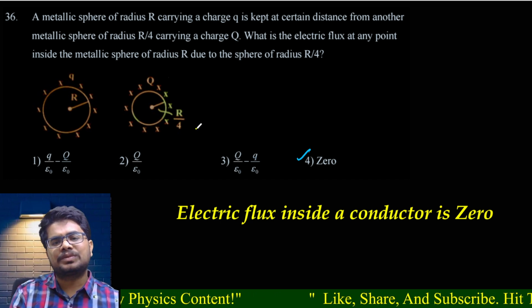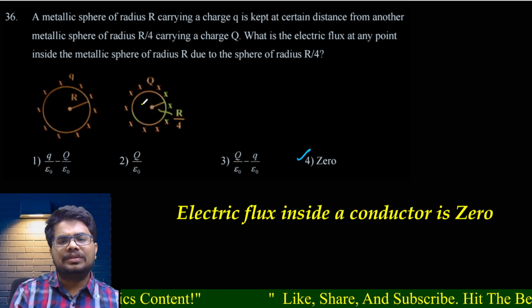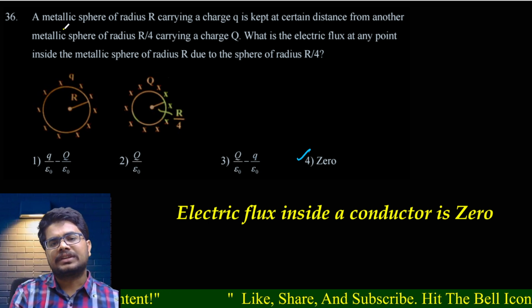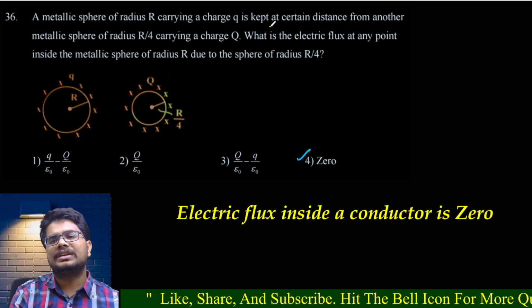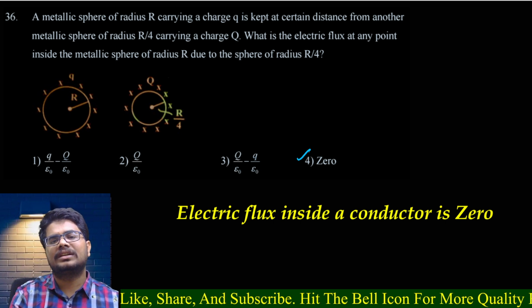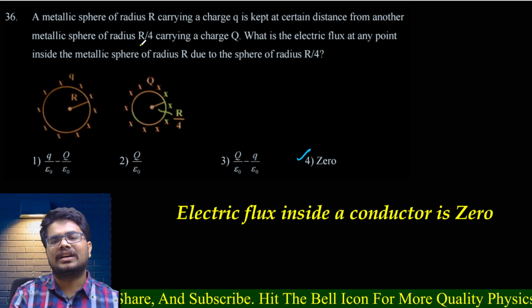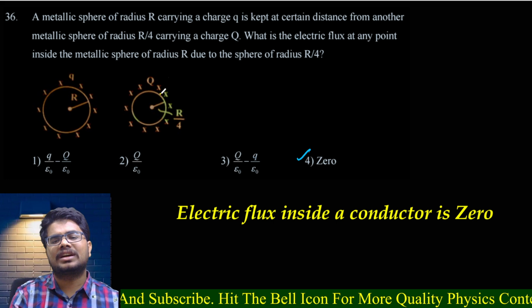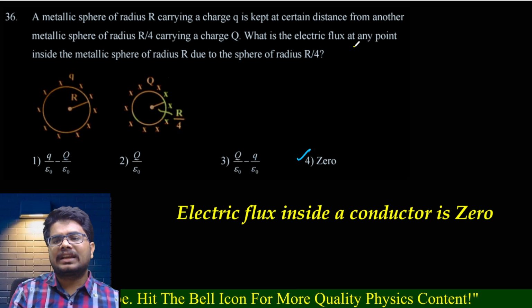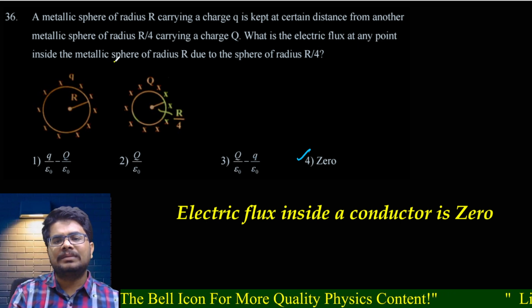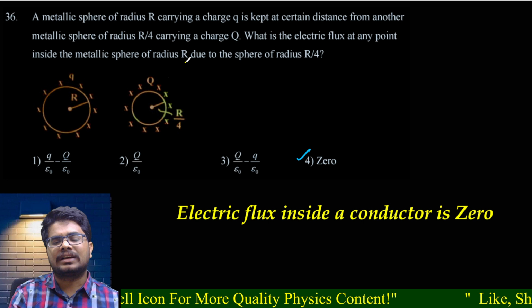Now let me read the next question. A metallic sphere of radius R carrying charge q is kept at some distance from another metallic sphere of radius R by 4 carrying charge q. What is the electric flux at any point inside the metallic sphere of radius R?